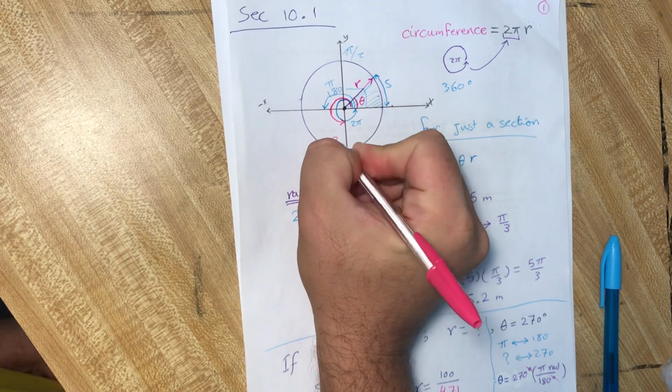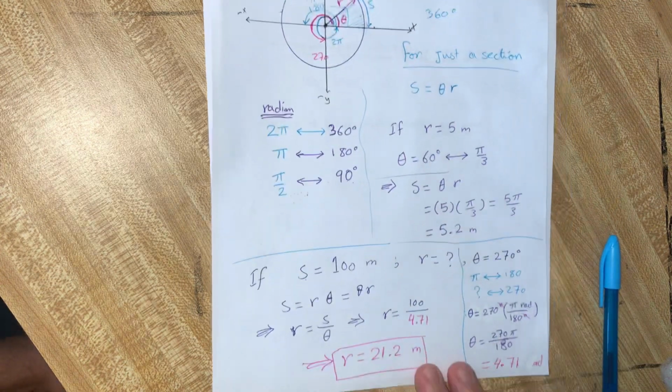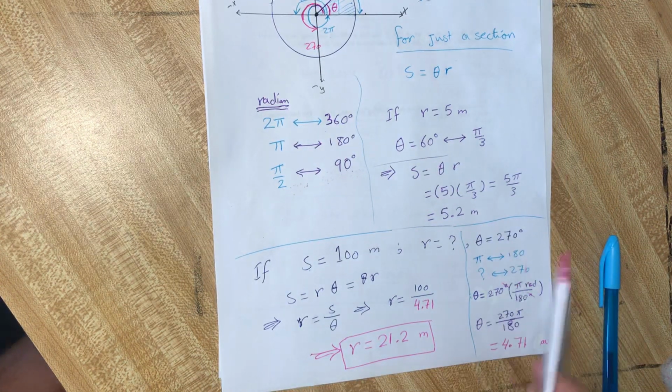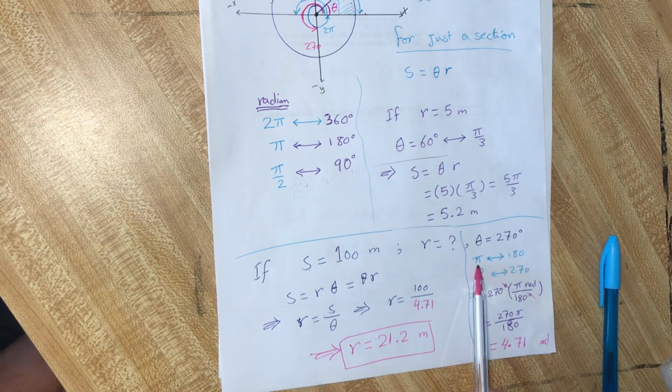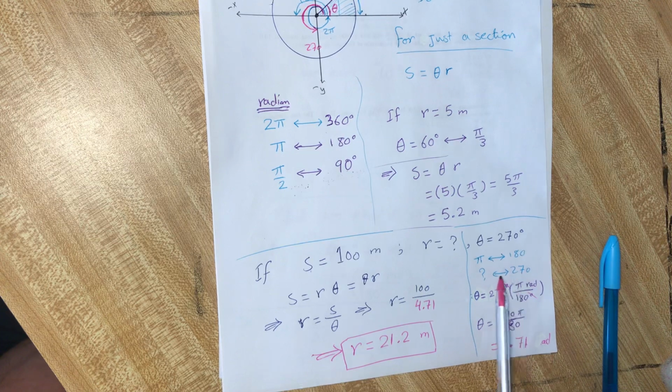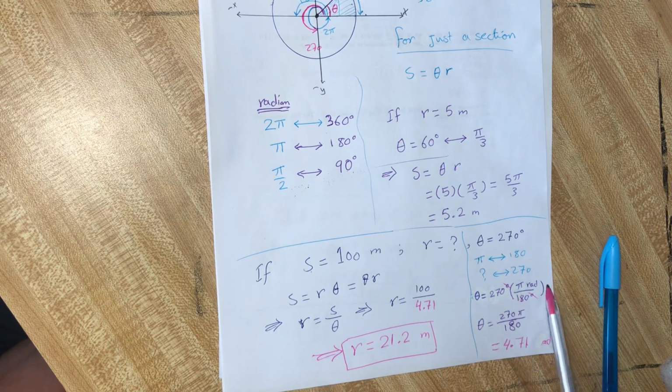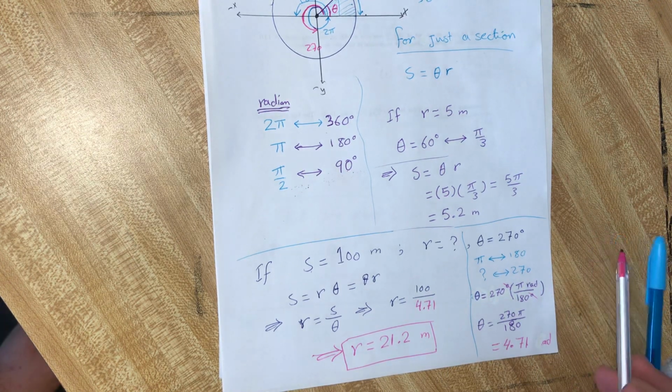Okay, this is 270. How can we convert it? For each pi is 180. How much is 270 in radians? We need just to convert it, as we learned before.